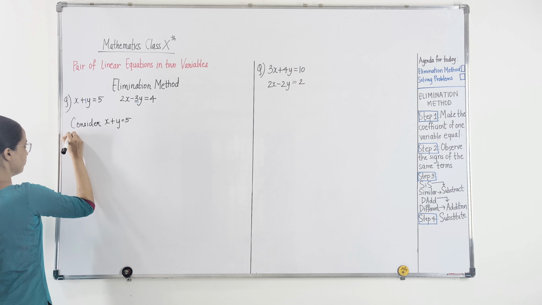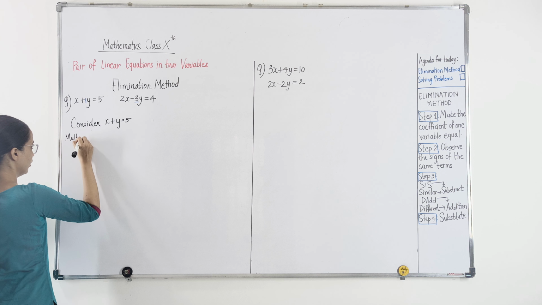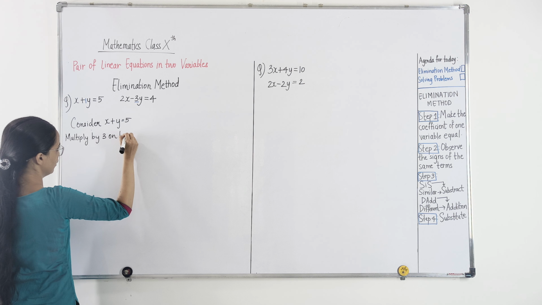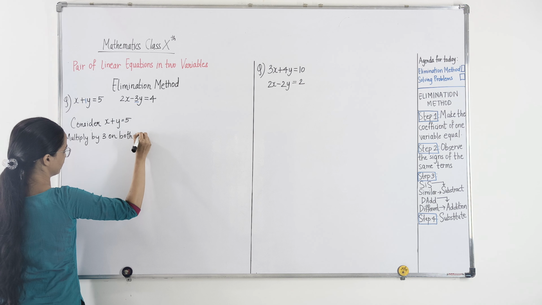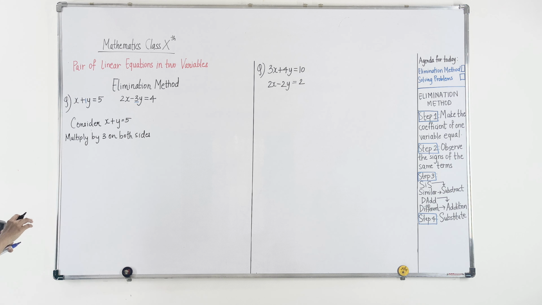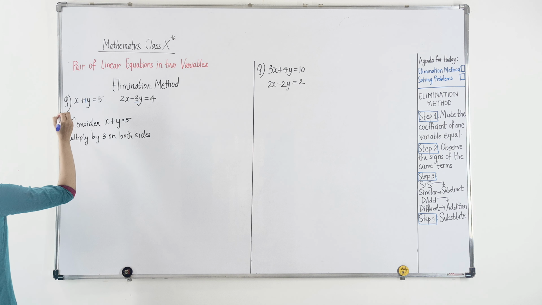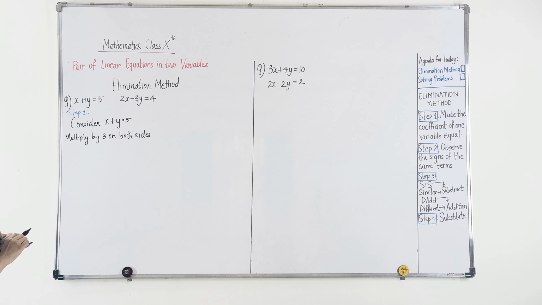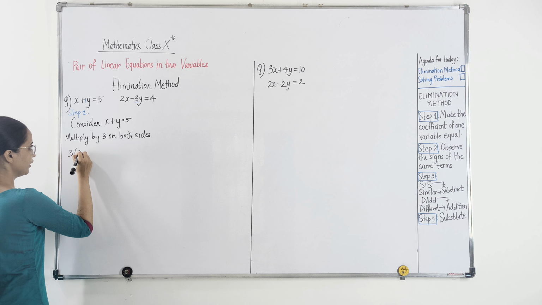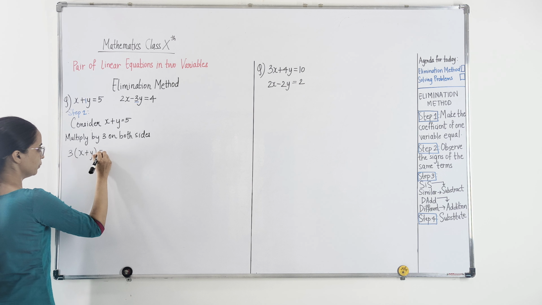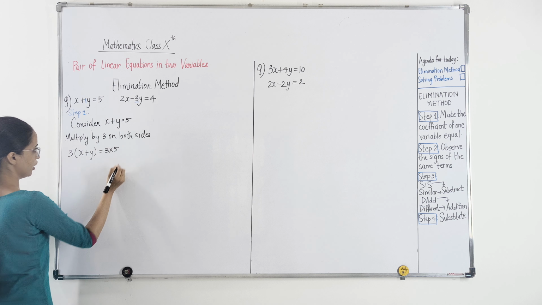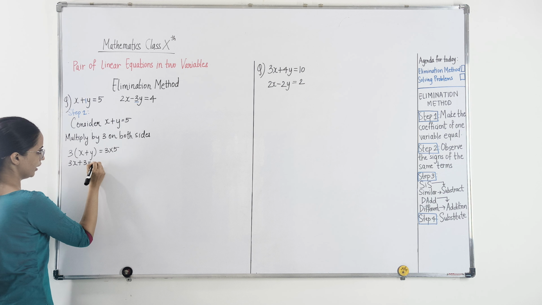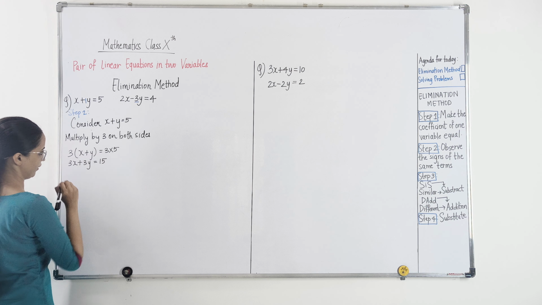Now multiply by 3 on both sides. This is basically your step number 1. So you will get 3 into x plus y equals 3 into 5. That is nothing but 3x plus 3y equals 15.